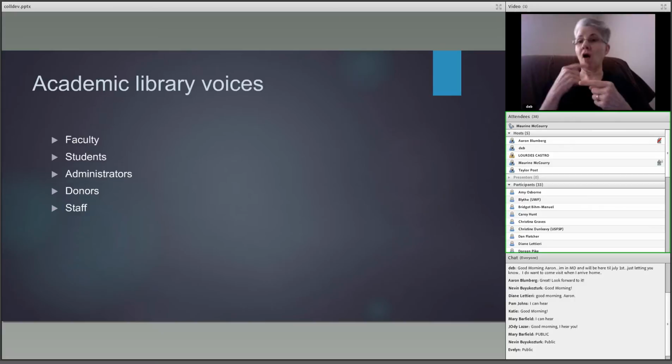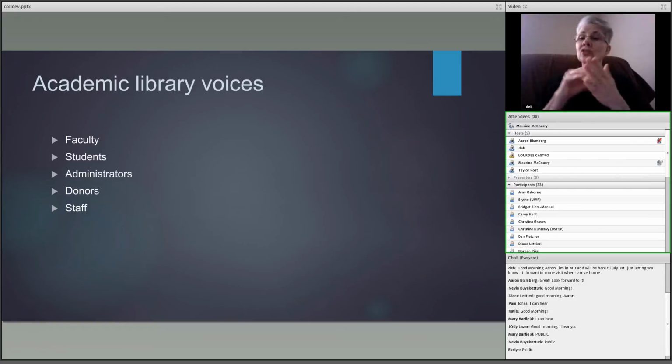Now, if you are in an academic library, and a couple of you said that you are, the constituents that will have some input in the decisions you make regarding collection development include the faculty. In my opinion, the faculty is the main group of users that you're serving as you develop a collection in an academic library. They are responsible for guiding the curriculum, and so they know what resources would support that activity.